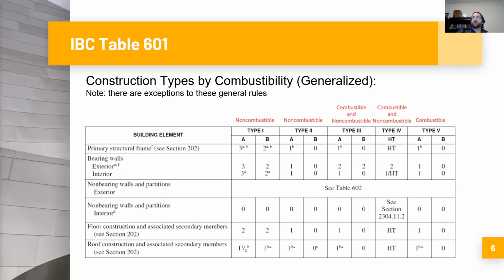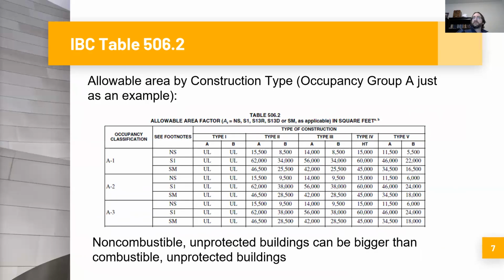But technically you could do a type 5 building out of concrete and steel if you wanted, but it's just not very common. So typically type 5 is going to be combustible materials. And then of course, the higher up the chart you go, non-combustible becomes the rule.